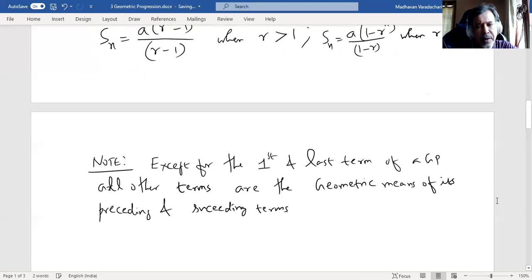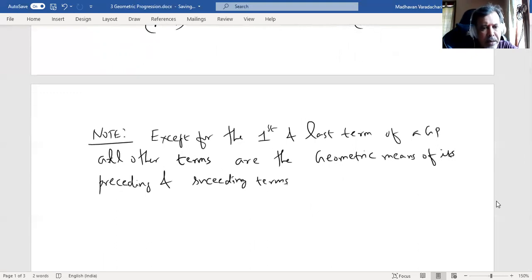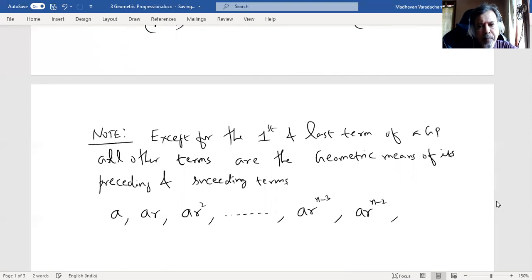So what is that? Let us write once again the terms: A, AR, AR square and so on. Let me write AR power n minus 3, then AR power n minus 2, AR power n minus 1.